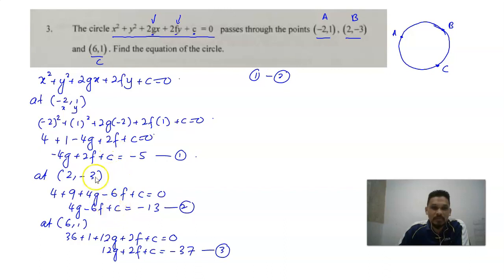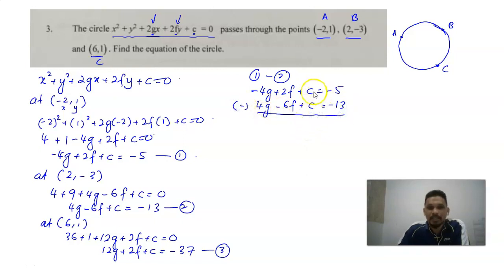So then negative 4g plus 2f plus c equal to negative 5, and 4g minus 6f plus c equal to negative 13, subtract, so c minus c.